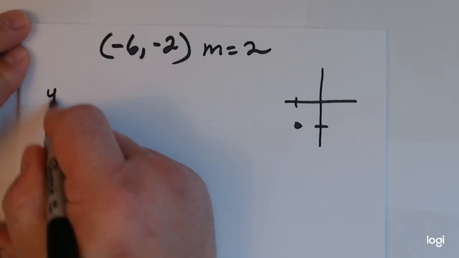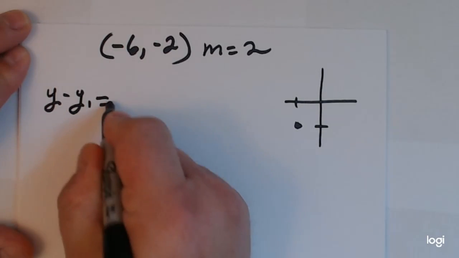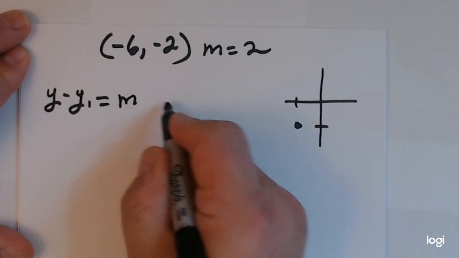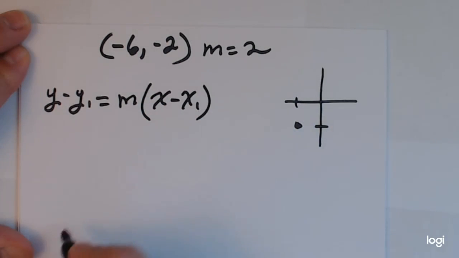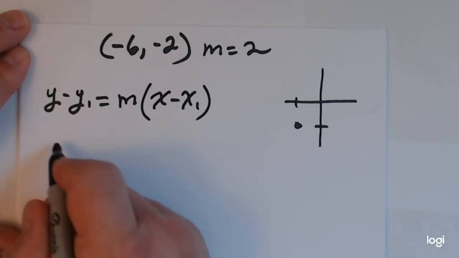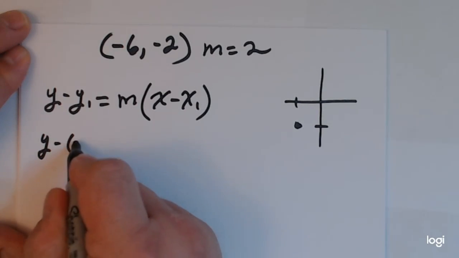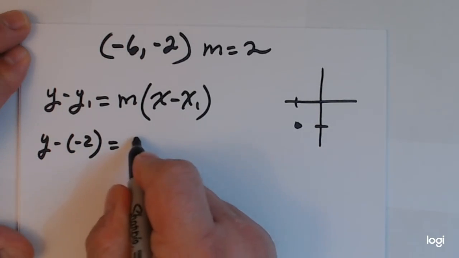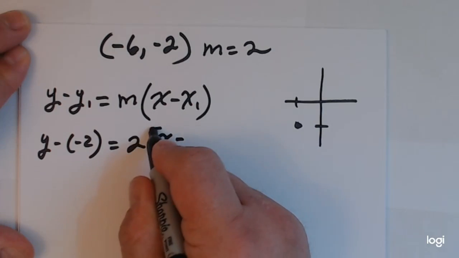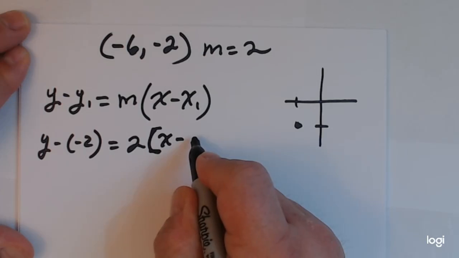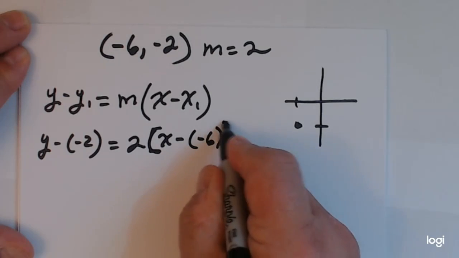We have y minus y sub 1 is equal to m, which is the slope, times x minus x sub 1. So let's start filling this in. We have y minus -2 is equal to 2 times x minus -6.